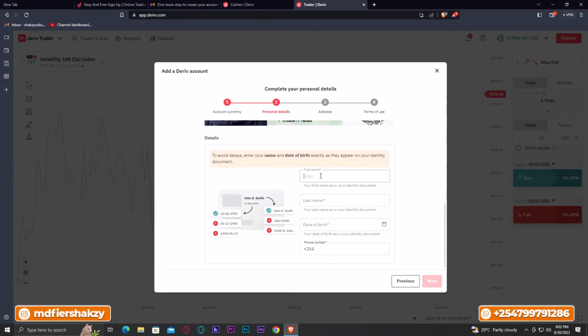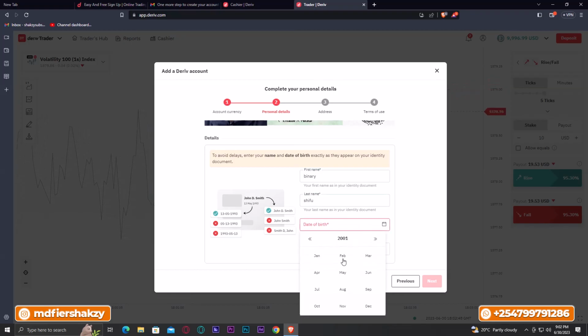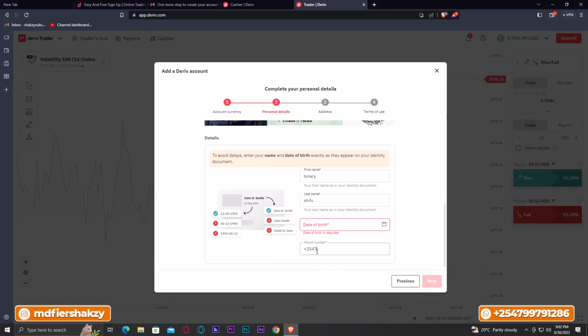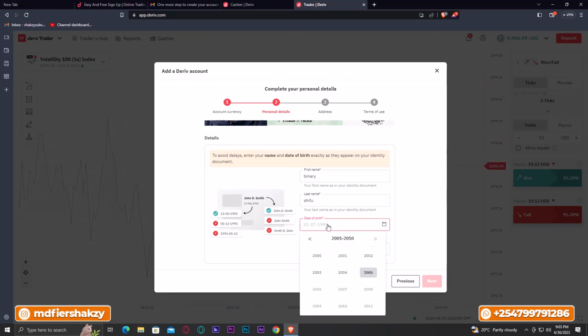Then please enter your first name here. You will enter your first name, you will enter your second name, then you will enter your date of birth, and then you will enter your phone number. And then you will move to next.